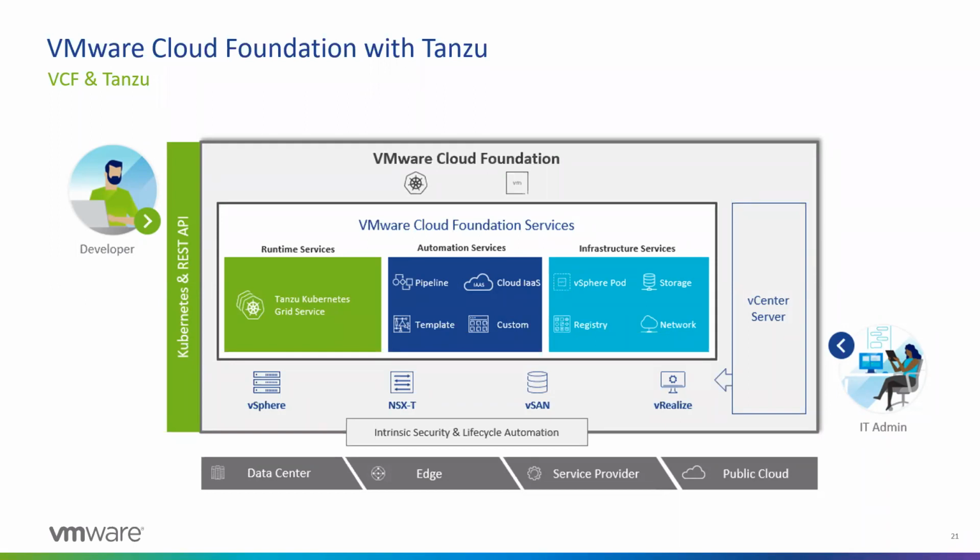We can either use those vSphere pods which are mentioned here, so basically run pods with containers on ESXi hosts natively along with virtual machines. So in the same environment on the same ESXi host, I can have VMs, I can have vSphere pods with containers. Another option is to run Kubernetes clusters as virtual machines.